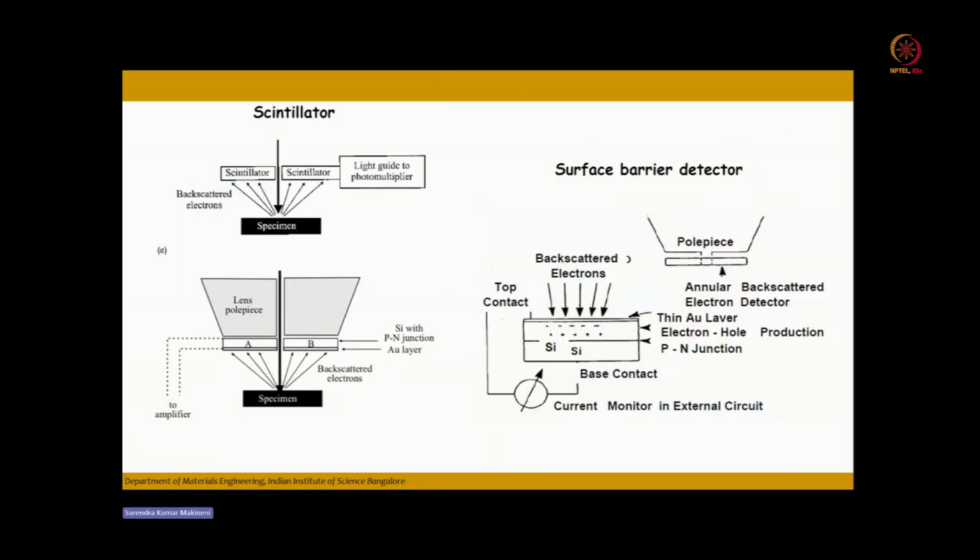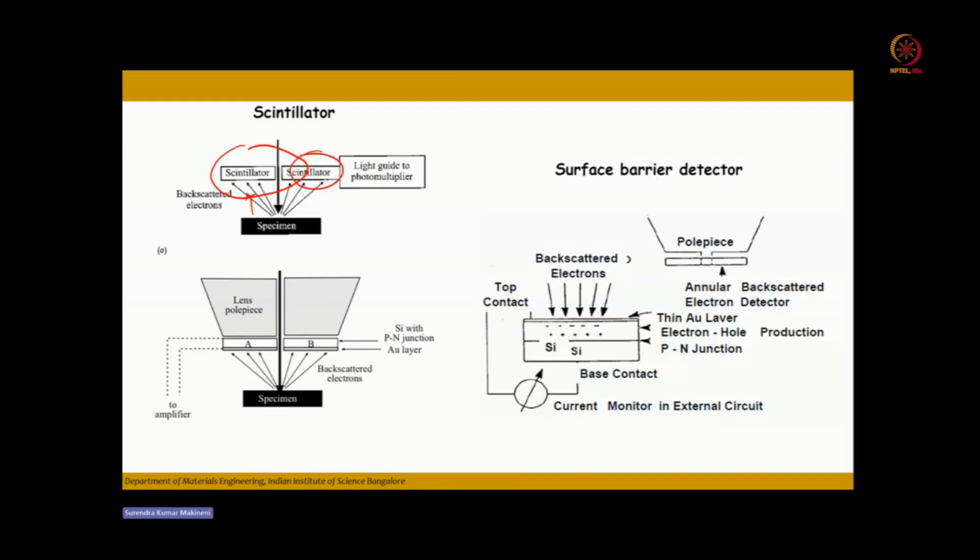So for backscattered electron detection, we usually use a scintillator called a Robinson detector. You can see in the schematic that it is kept just above the specimen, just below the pole piece.